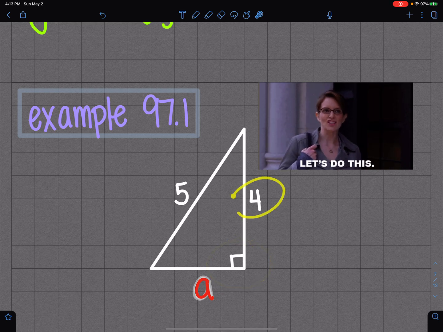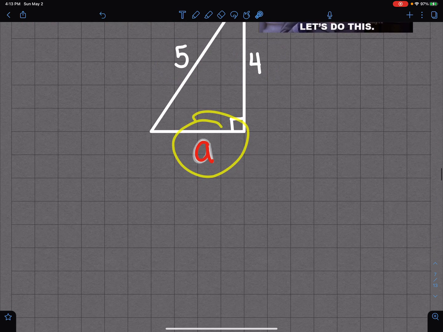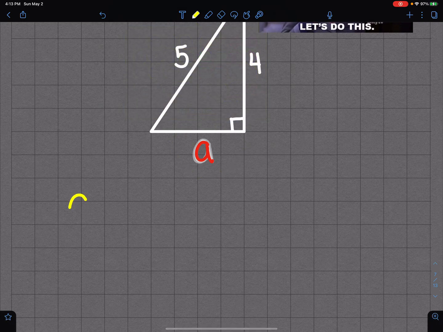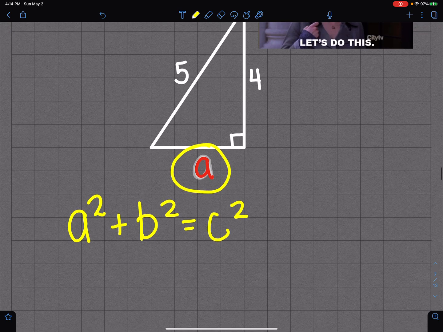We know 2 out of the 3 sides, so we can solve this, no problemo. Let's just start by writing the theorem. A squared plus b squared equals c squared. We're solving for A. Now they could have named that x or whatever, it doesn't matter.